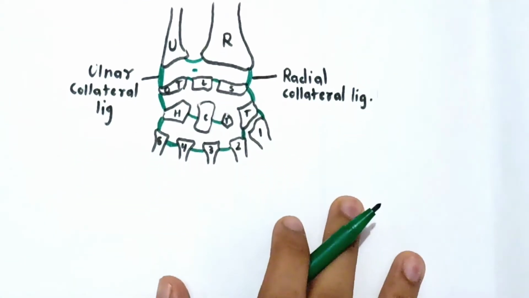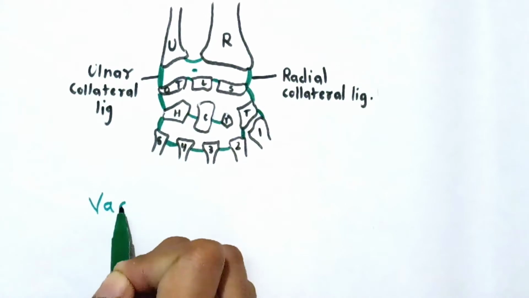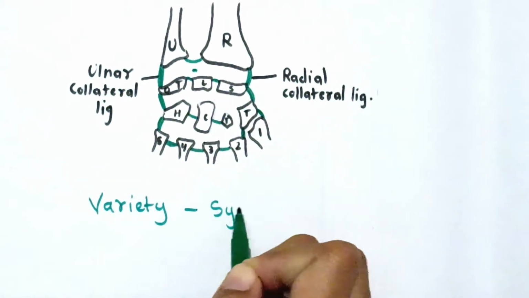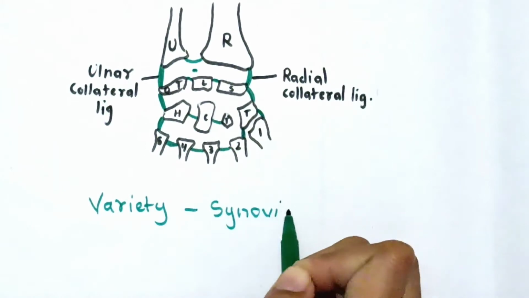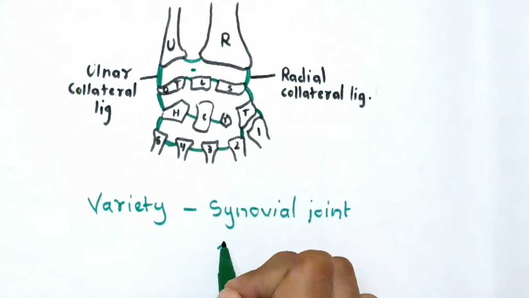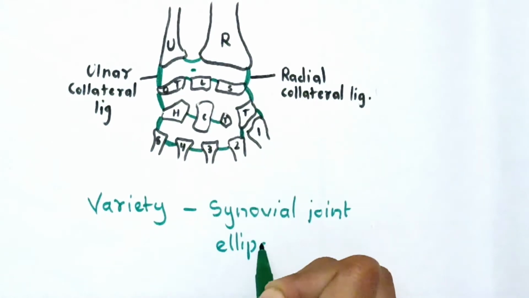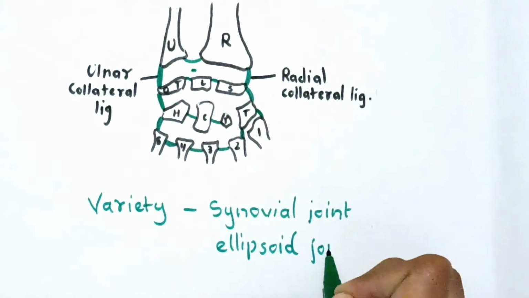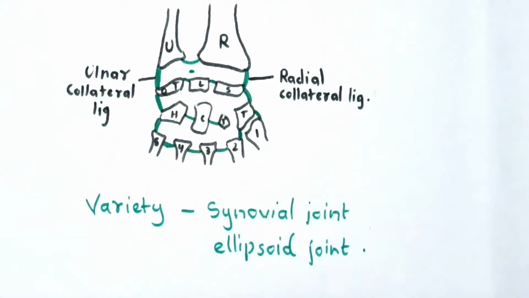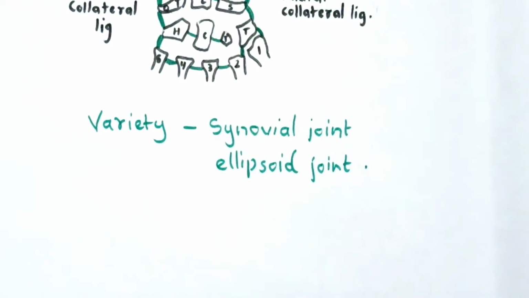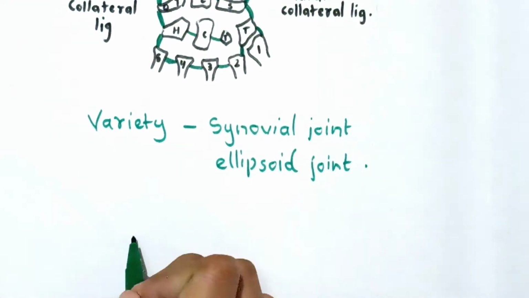So first of all, the variety. It is a synovial joint of ellipsoid variety. So what is an ellipsoid joint? It is almost the same as the ball and socket joint.